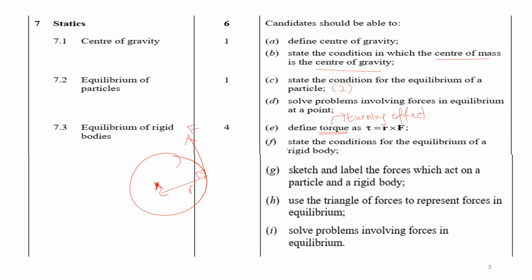The door has a hinge to the wall, and you hold the knob at the other end of the door. If I draw a door, this is the door frame, and you have a door here.